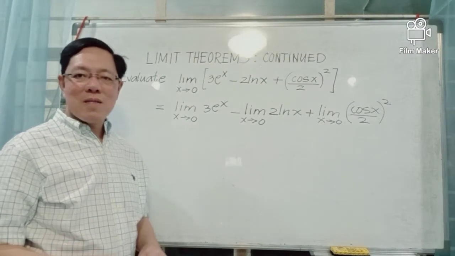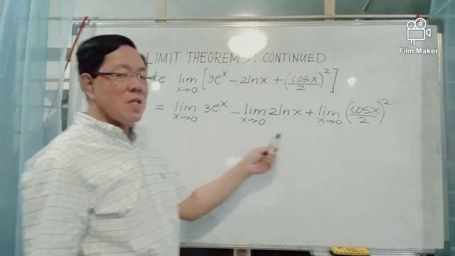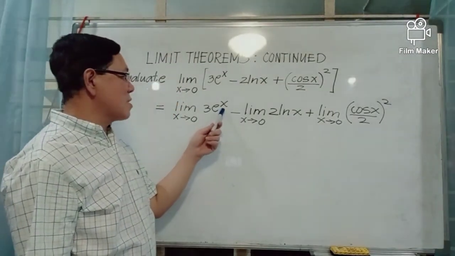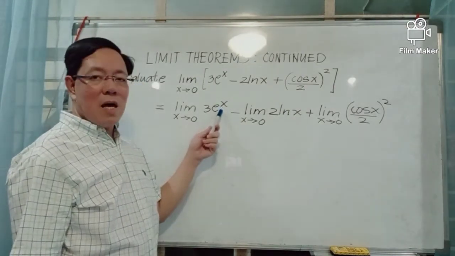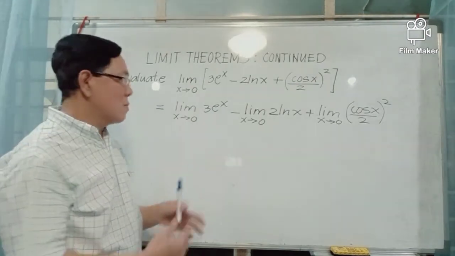And to evaluate each of these 3 limits, we simply substitute 0 for x, or replace x with 0.